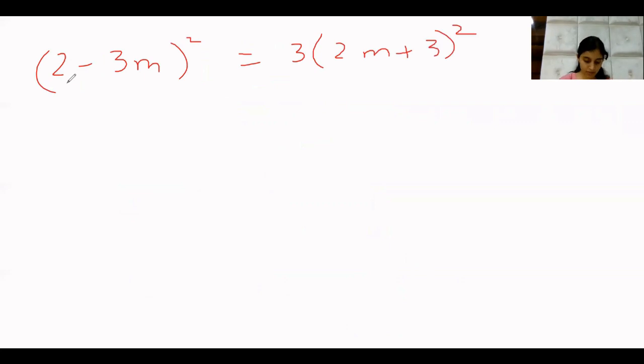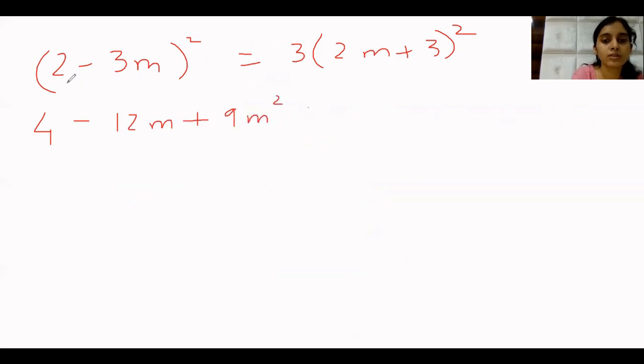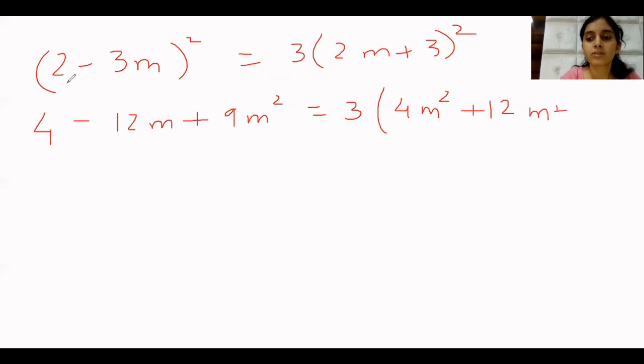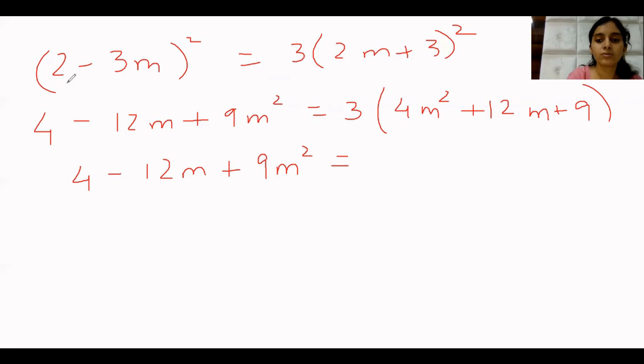Okay, let us solve this equation. Now when you expand it on both sides, what will you get? 4 minus 12m plus 9m square is equal to 3 multiplied by 4m square plus 2 3s are 6, 2s are 12m plus 9, okay, which is 4 minus 12m plus 9m square equal to 12m square plus 36m plus 27.